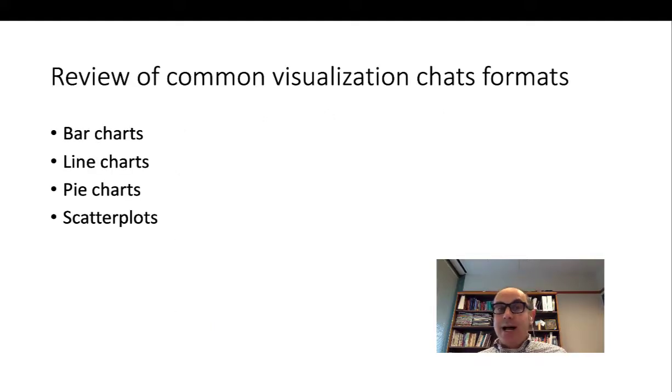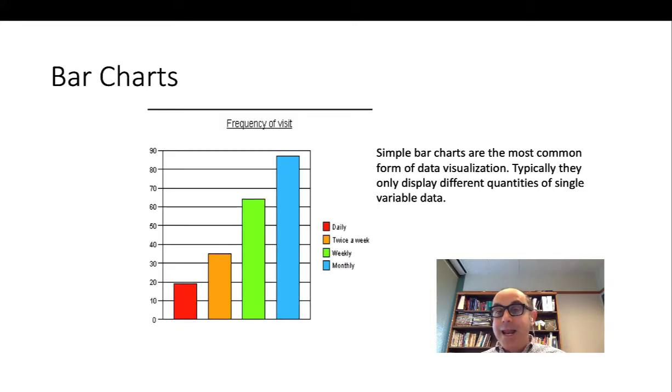Let's start this conversation by looking at different formats of visualization, the most common types: bar charts, line charts, pie charts, and plots. I talked about plots and how they can be converted into a narrative, but in this case we are going to talk about the design and statistical elements we need to address when using a bar chart.